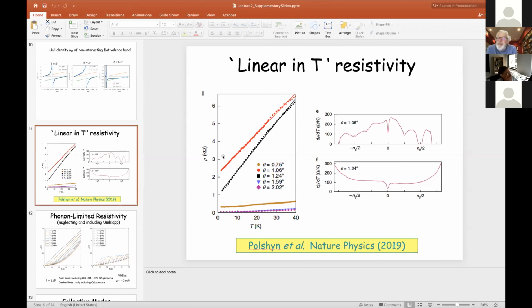Well, as I mentioned yesterday, the interaction with the lattice produces strain effects, which introduce a new length scale. So the Moiré period's not the only length scale, and that creates new physics, which means you can't describe all twist angles in terms of the same parameter.